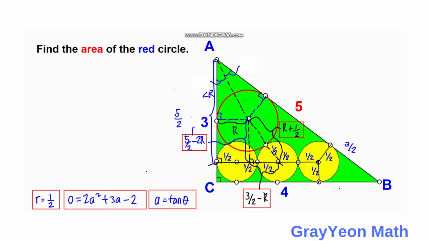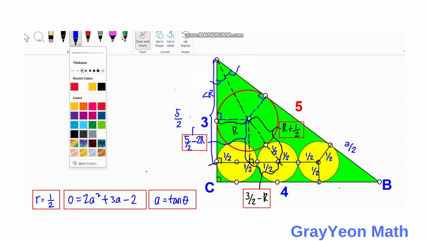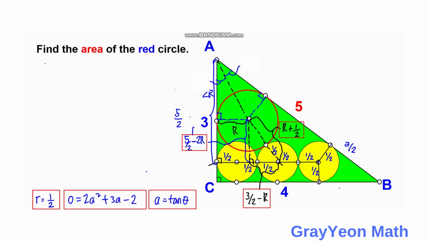Okay, so now we can actually use Pythagorean theorem since we have the two legs of the right triangle and the hypotenuse. So we have r plus 1/2 squared is equal to 5/2 minus 2r squared plus 3/2 minus r squared.